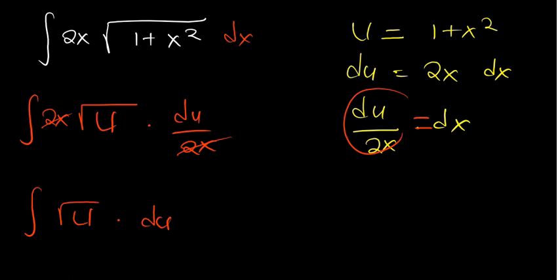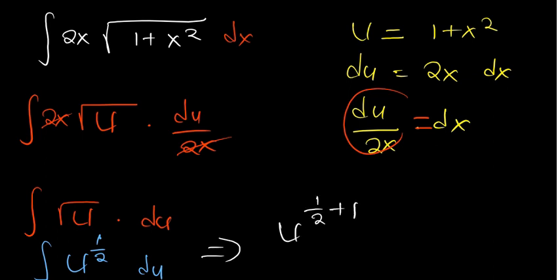At this point we're integrating the root of u. The root is the same as the power half, so add a 1 to that. So we're going to have u to the power half plus 1 divided by the result, which is 3 over 2, and then plus constant c.